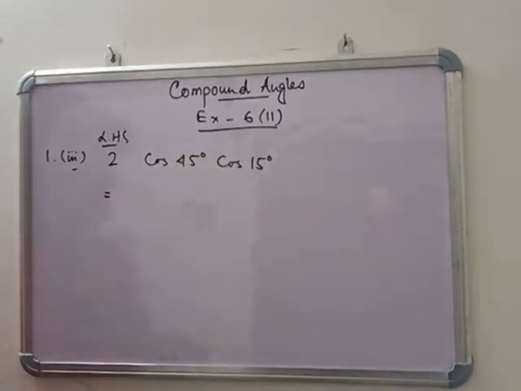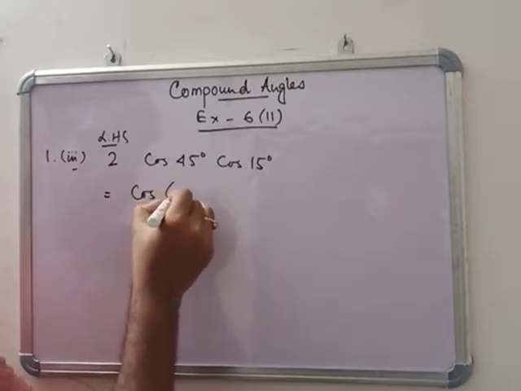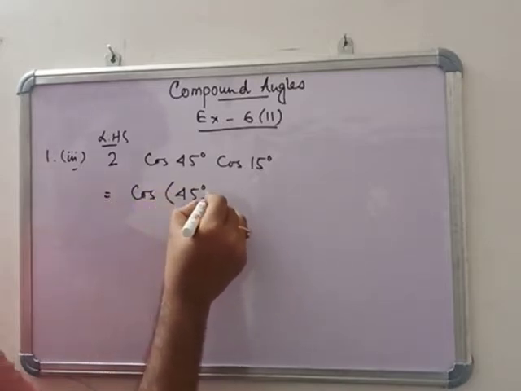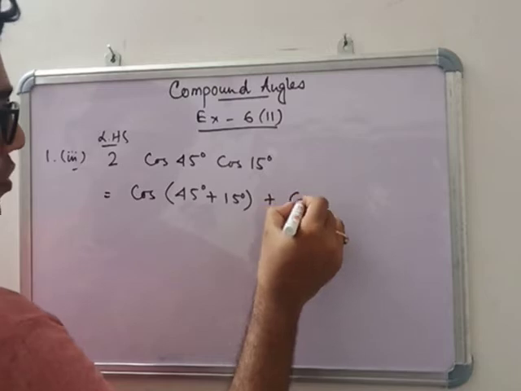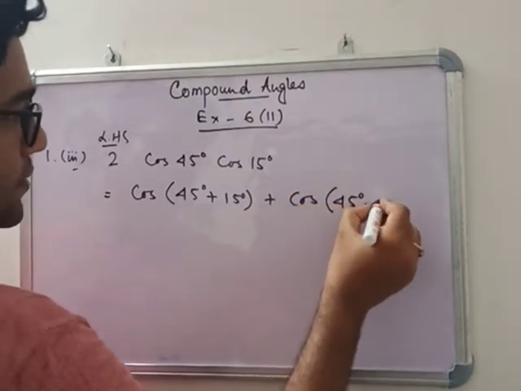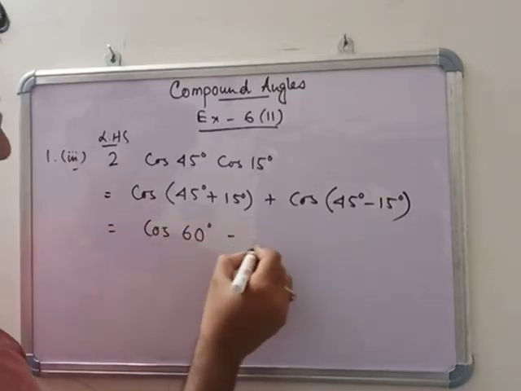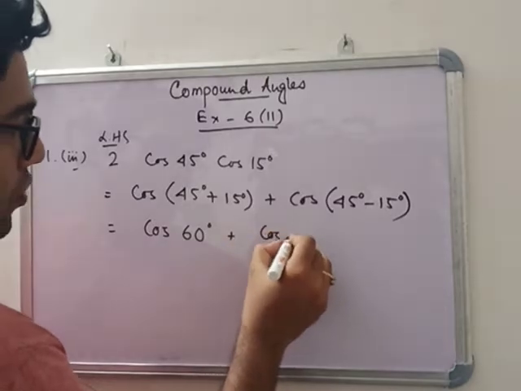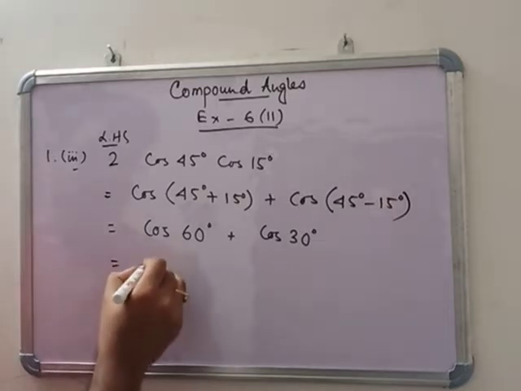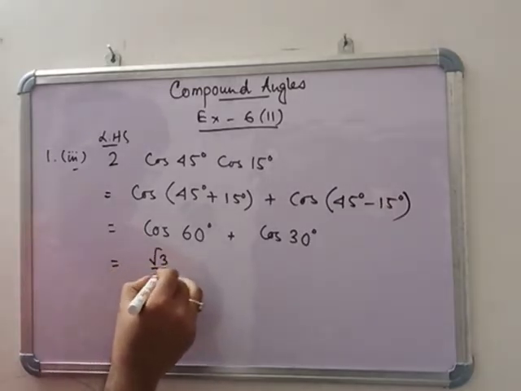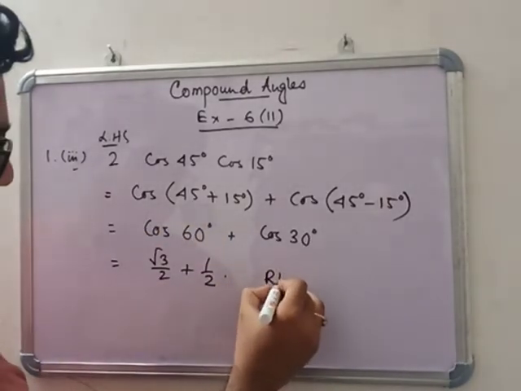Both are cos, so that means cos A cos B. So that means cos of A plus B plus cos of A minus B. So that means cos 60 degree plus cos 30 degree. So that means root 3 by 2 plus half, which is the given RHS.